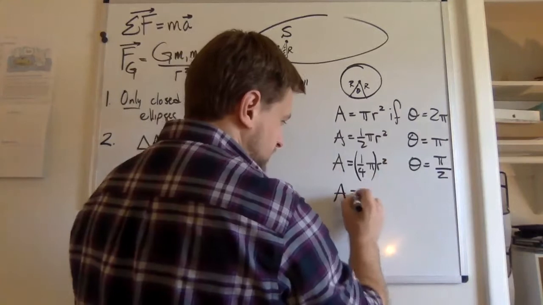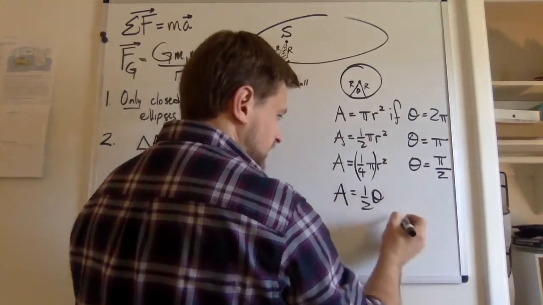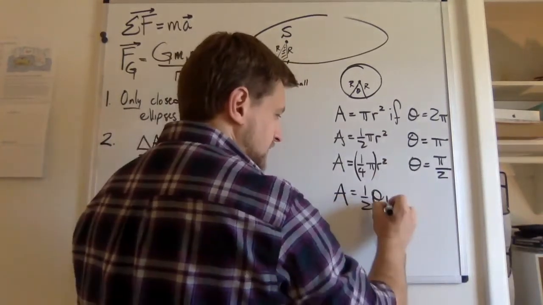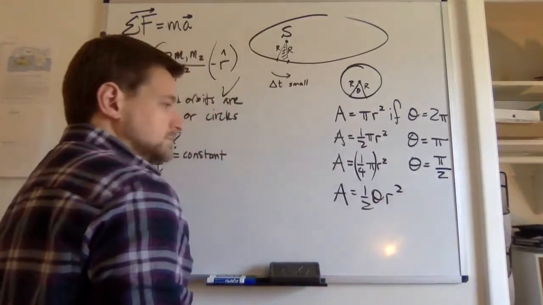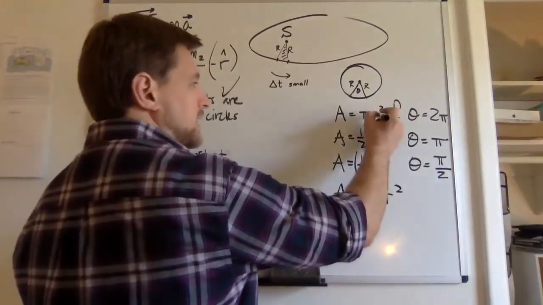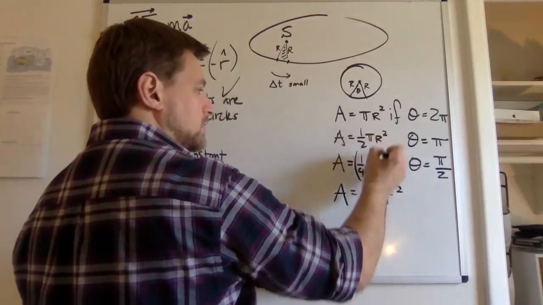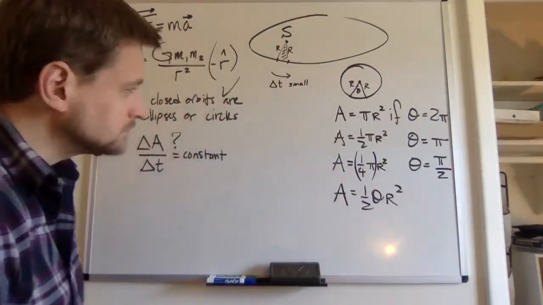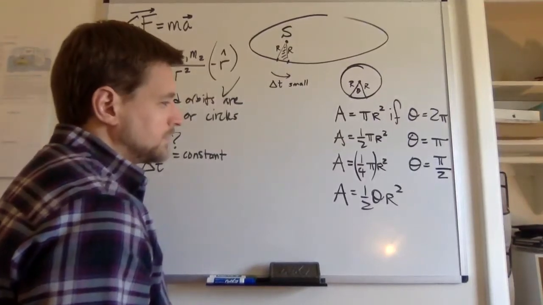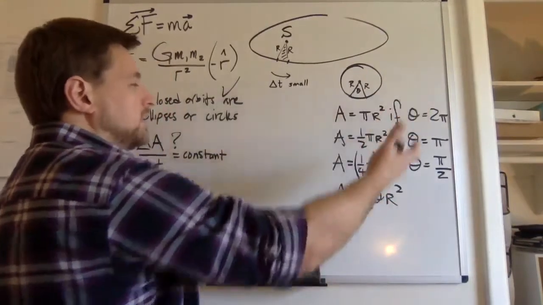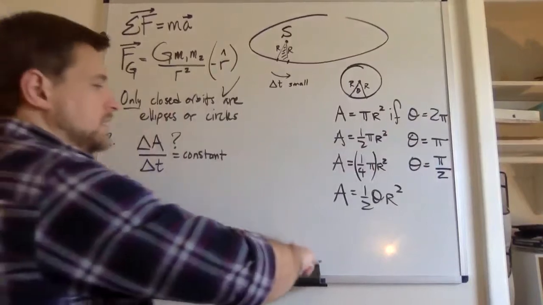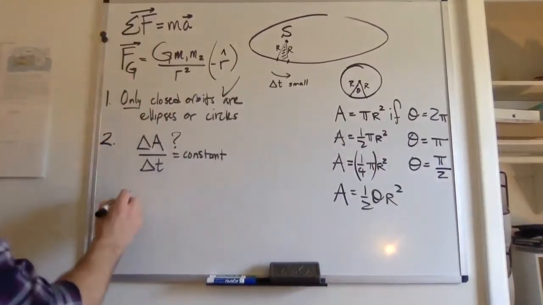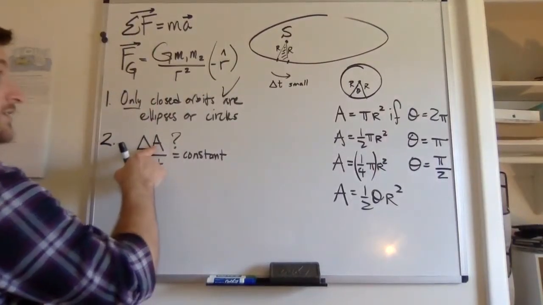So here I'm going to propose 1/2 theta in radians R squared. If theta is 2 pi, then we get back to the thing. Okay, cool, this works.